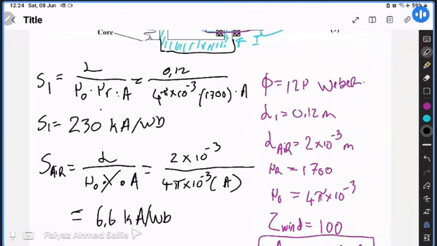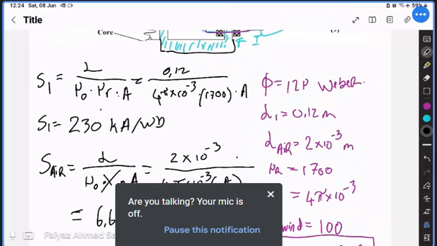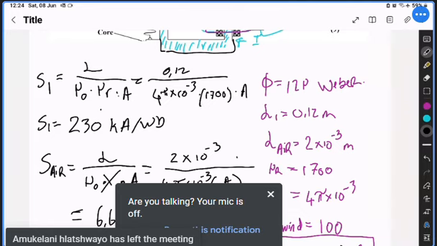So these SI units are not coming from here, they are coming from the other formula of reluctance. Let me just get the formula for you guys real quick.